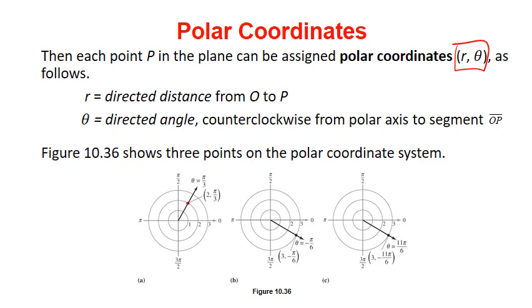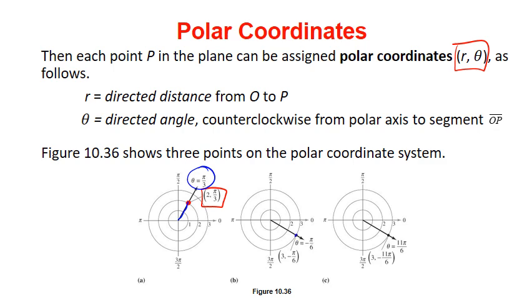If this here is the point of interest, the ordered pair is going to be 2 comma pi over 3. The directed distance is 2, so r is 2, and theta is pi over 3, which is given. Hopefully you remember that pi over 3 is in quadrant 1.